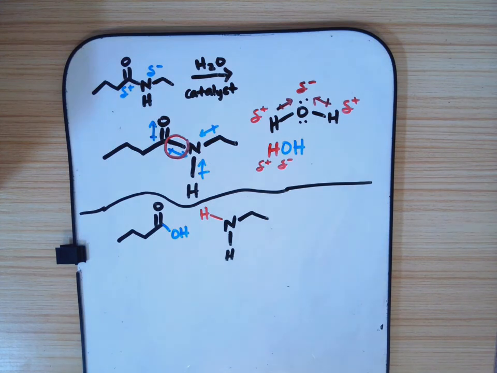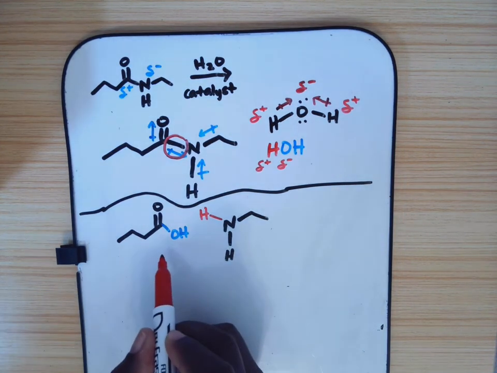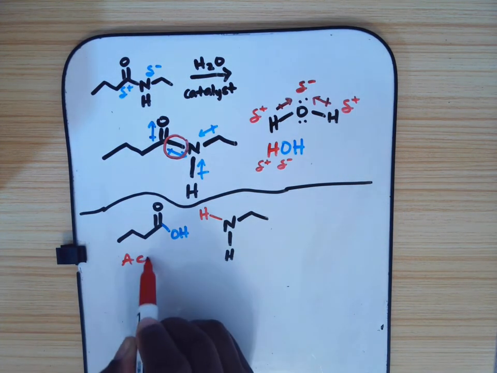If we were doing the hydrolysis of an ester or the hydrolysis of a thioester, we would stop at this step. We've created our carboxylic acid and our heteroatom-containing molecule. However, when you are looking at the hydrolysis of an amide, at this point we have a carboxylic acid, which is a weak acid.